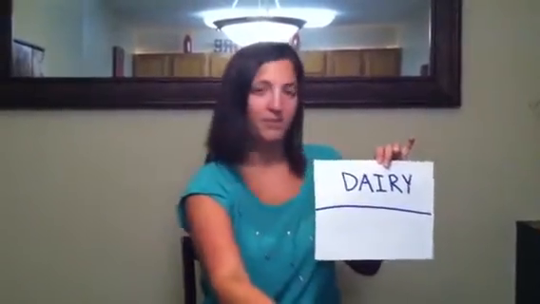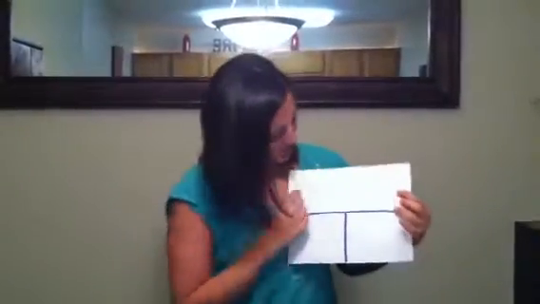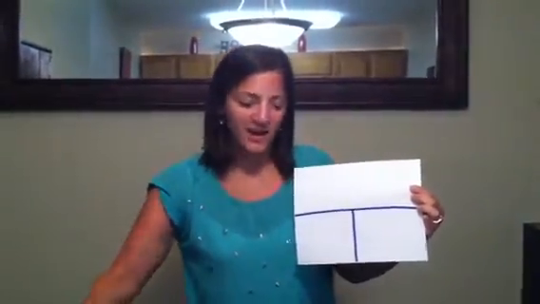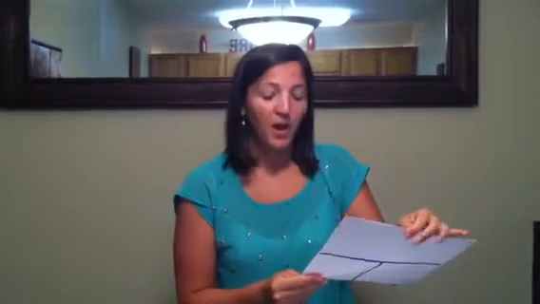Then you're going to flip it to the back, and on the top part you're going to write a few words that will help you remember the definition of the word dairy. Dairy means a food or a drink product that's made from milk. Some of the words I think of are food, drink, milk, or cow, because milk comes from cows.